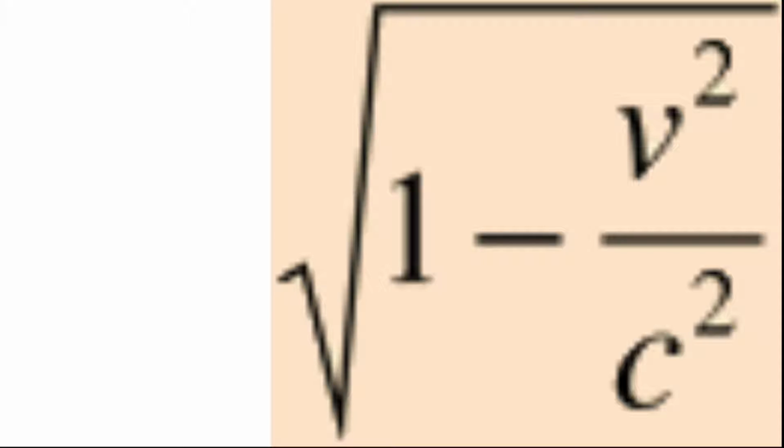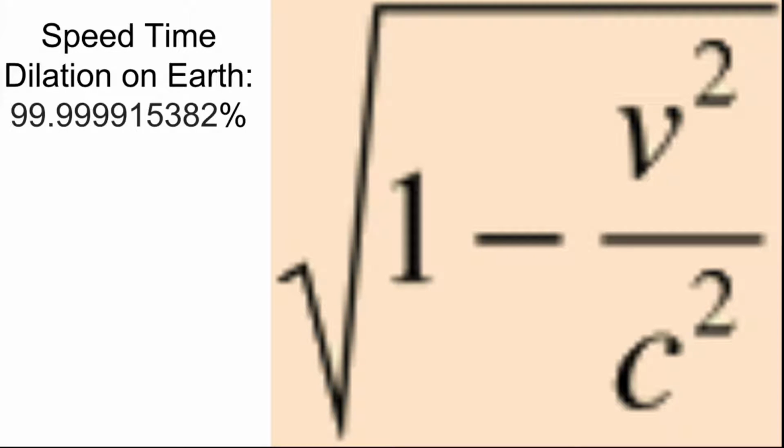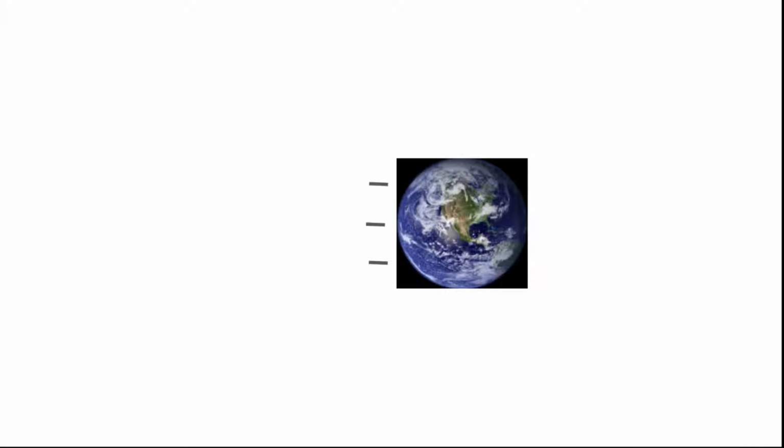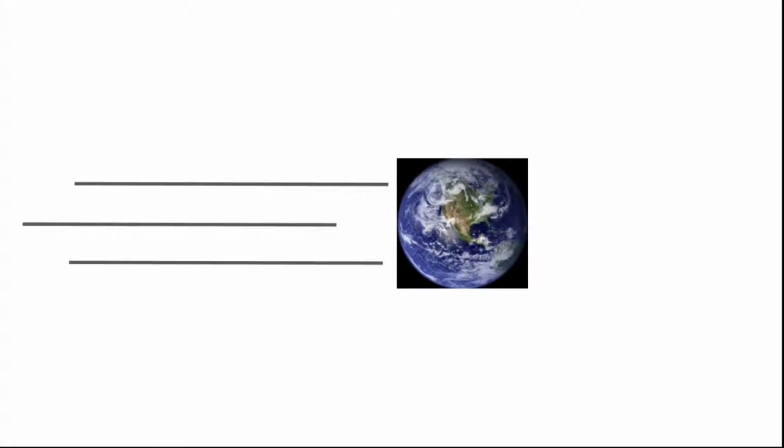With this equation, we can find that the speed time dilation on Earth makes everything run at 99.999915382% speed. You might be thinking, wow, the Earth moves very slowly. This is false. The Earth is moving 10 times faster than any man-made object has gone, at 0.13% the speed of light. It's just that light is really fast.